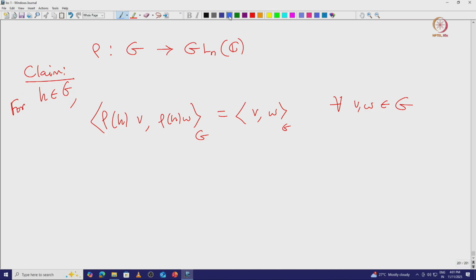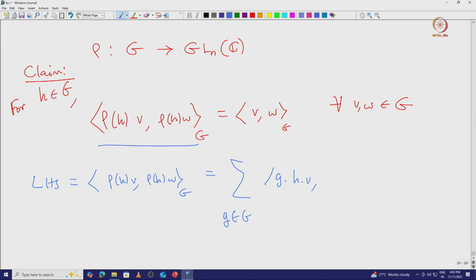To prove this, let us compute what is there on the left hand side. The left hand side is rho h V, rho h W with respect to G, which is by definition a summation. Let me use again the dot notation: the sum over g in G of g applied to h dot V comma g applied to h dot W. This is the standard inner product.